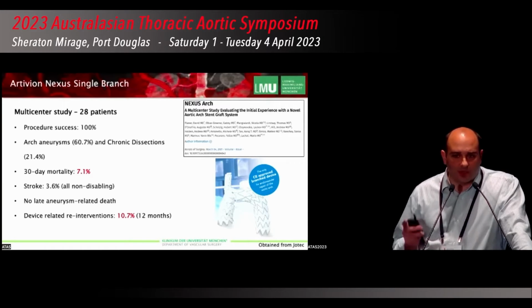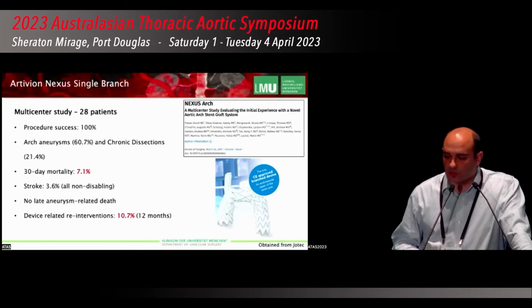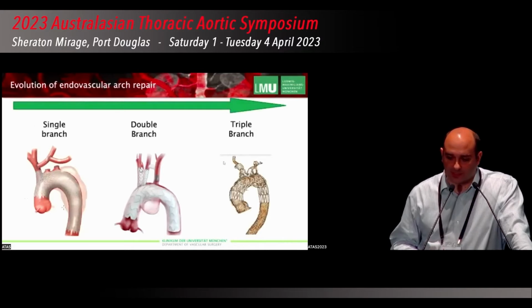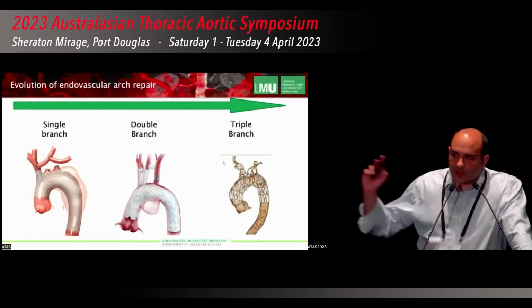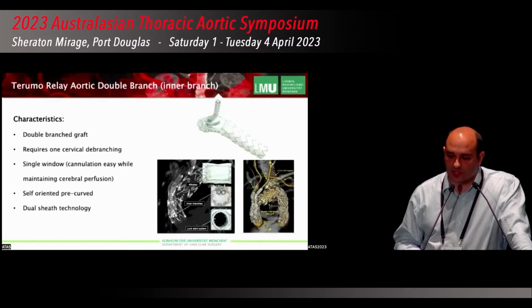However, these results do not really include the debranching procedures that have to be done up front, and we all know they are not coming with zero morbidity and mortality. However, the trend is obviously to a complete endovascular repair, going more and more into complete endovascular means to connect all the supra-aortic vessels.